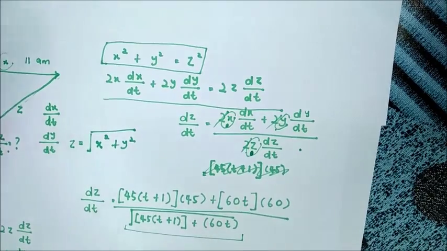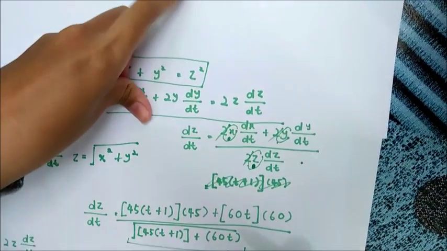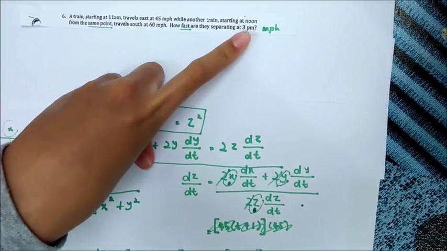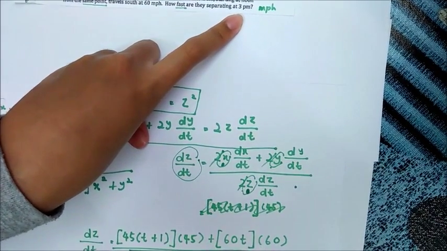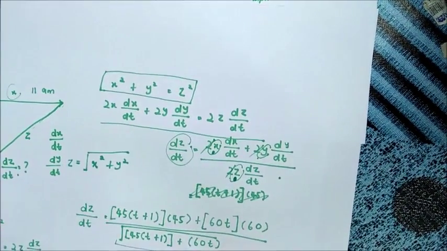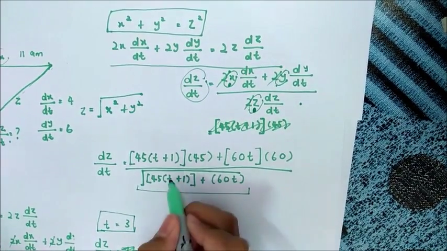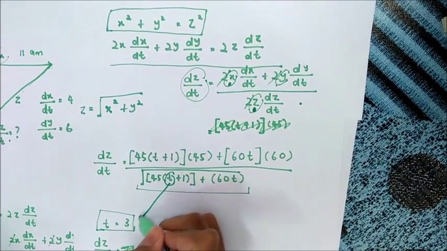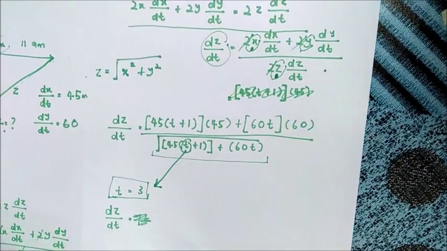The question is not finished at this. The question now says how fast are they separating at 3 p.m. You know that you must find dz over dt at 3 p.m. So obviously t is equal to 3. So we have the value for t here, since it is provided in the question.